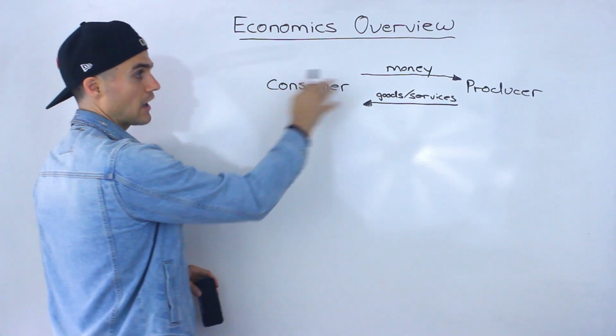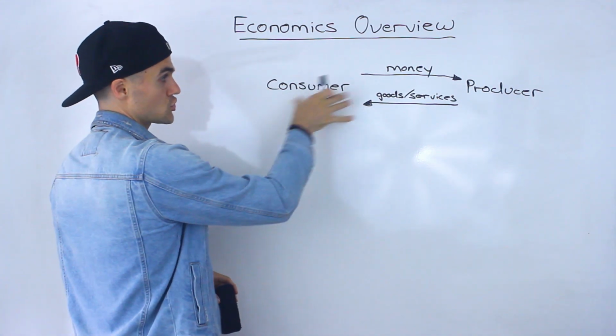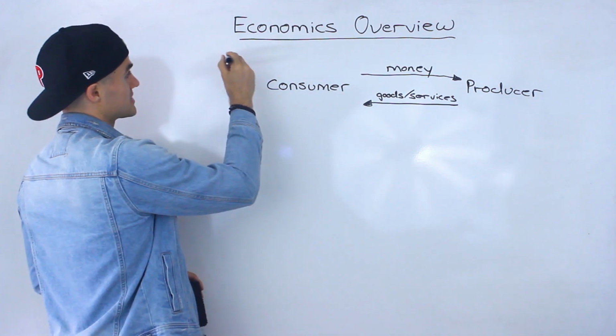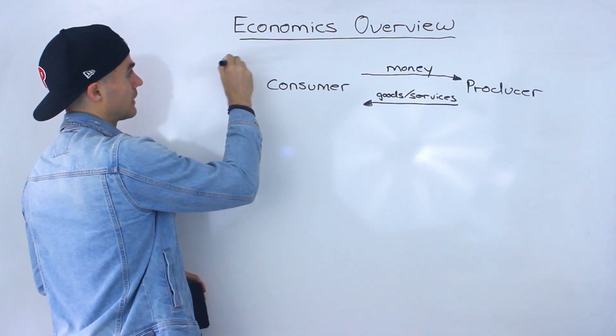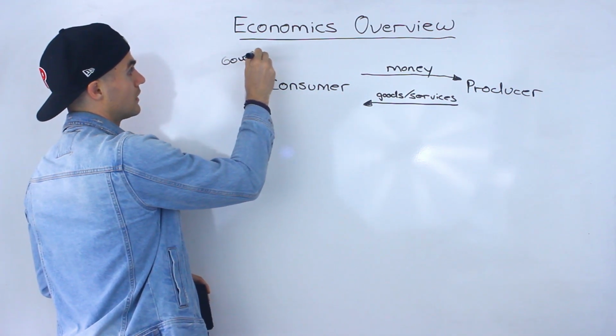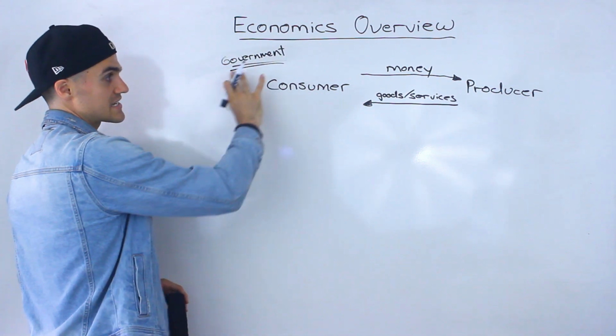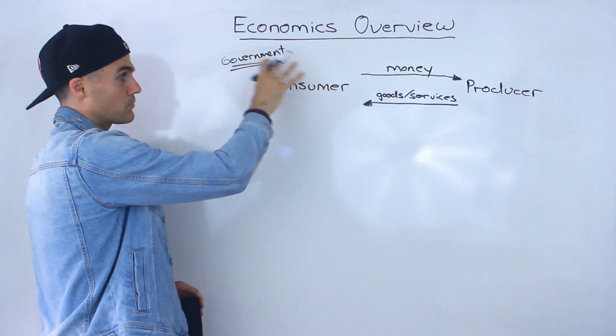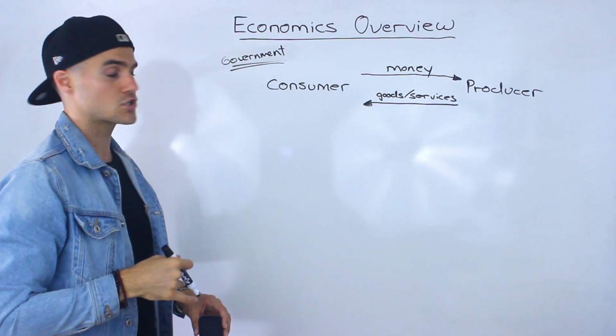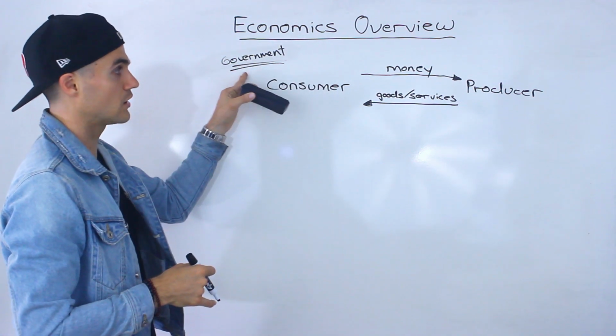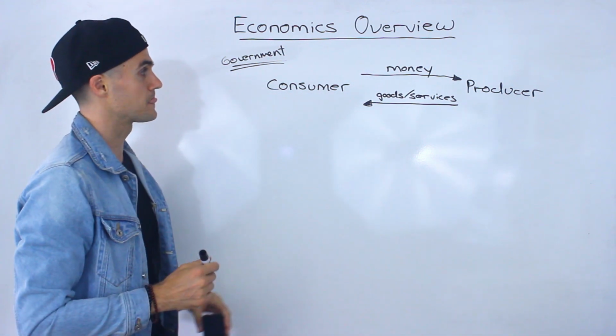Number one, there could be other parties involved, not just a consumer and a producer. A good example of that is government. You can think of that party as being on the sidelines of this relationship, perhaps regulating the relationship, and we're going to cover government in future sections.